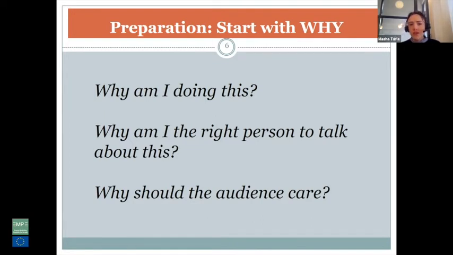Another thing I always want to be thinking about is, why am I the right person to talk about this? And let's not confuse this with a feeling of, oh, maybe I'm not the right person to talk about this. I've had a lot of clients who have had this issue of feeling that they're not very confident, because maybe there are other experts, other researchers that have much more experience than them, and then they should be talking about something, right?